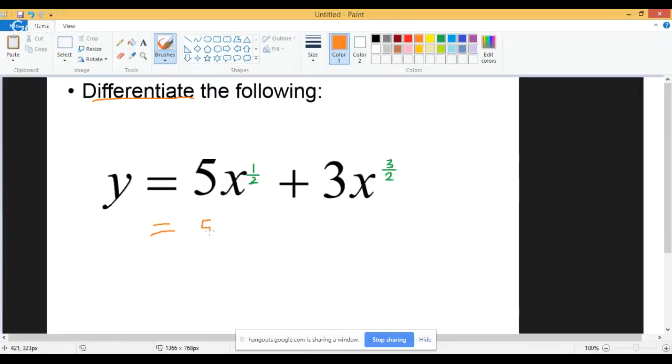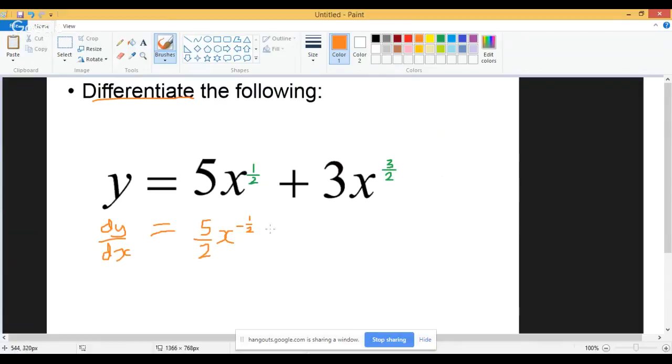So I'll just write that as 5 over 2. The power on the x will be 1 less than what it used to be. So a half drops by 1, and that makes minus a half as the new power. And at the beginning, y changes to dy by dx to show that I'm differentiating.